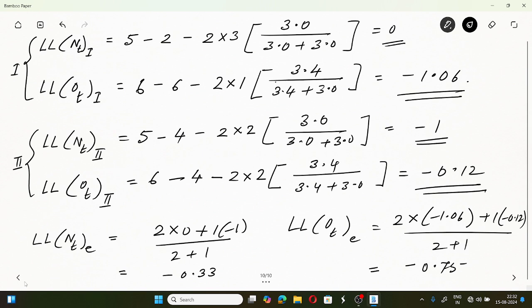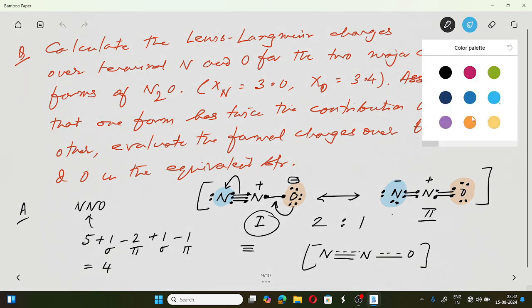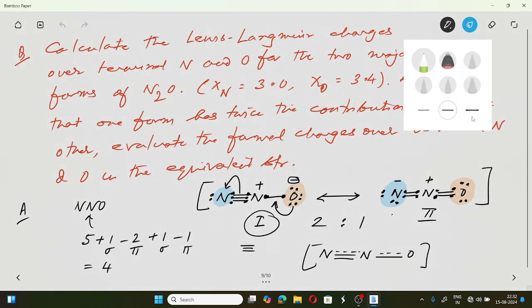Suppose the electronegativity values were not supplied. Let us assume that in this question the electronegativity value is not supplied.